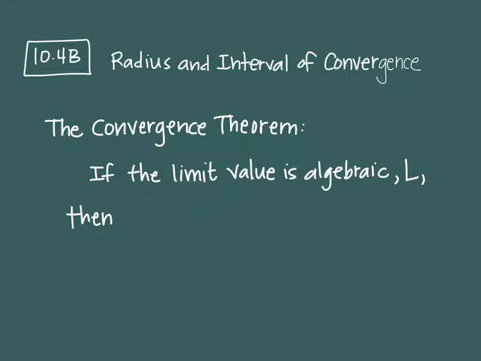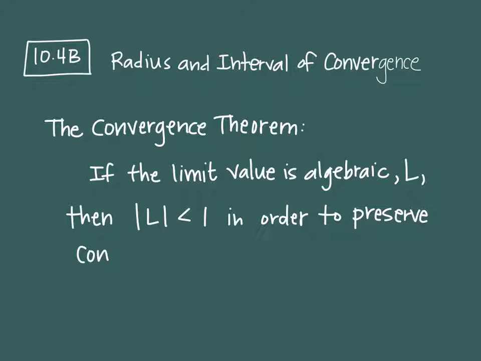Yes, very good. Then the absolute value of L must still be less than 1 in order to guarantee convergence. We've been establishing that from the very beginning. If the geometric series has a ratio, which is the same thing as the limit value, and the absolute value of that is less than 1, we know we have convergence preserved.